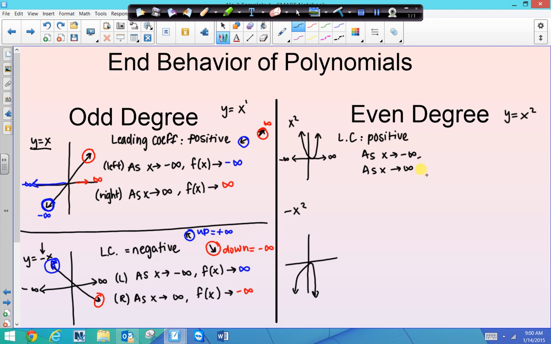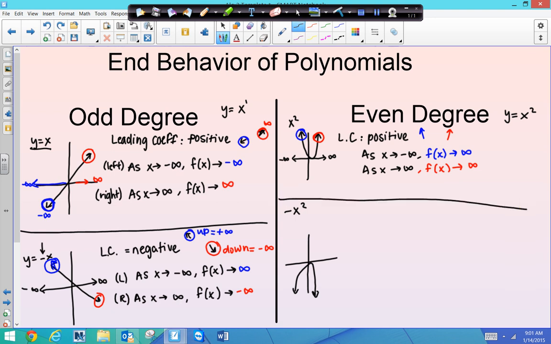On the left side of our graph, our y values are going up. So we would say f of x goes to positive infinity. On the right side, our graph is also going up to positive infinity. And that's our end behavior.